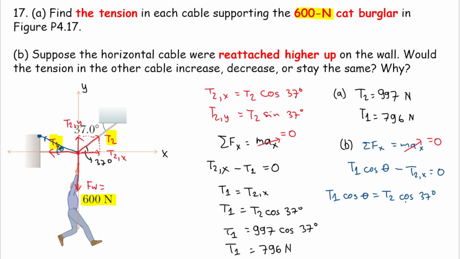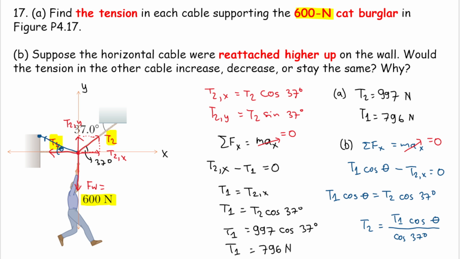Now we can just use this: T2 is equal to T1 cosine of theta divided by cosine 37 degrees.